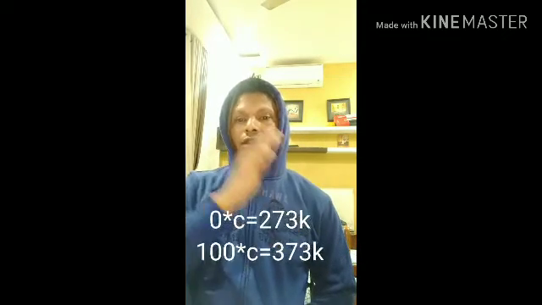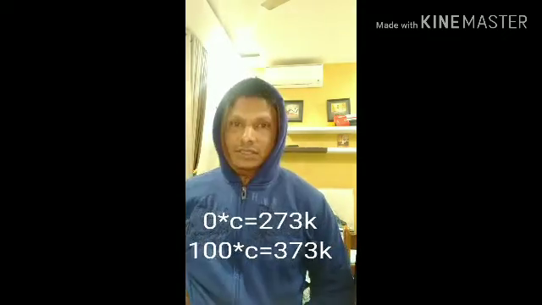We have also understood that 0 degree Celsius was the minimum point, and the upper limit point is 100 degrees Celsius. That 0 degree Celsius is equal to 273 K, means Kelvin.